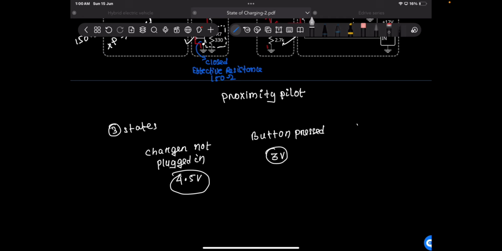Next is charger connector, and here you will get a reading of 1.5 volt. There will be a detector present for detecting all these three states: this is state 1, this is state 2, and this is state 3. All these we will implement in MATLAB in the coming tutorial, and we will also see how the further process works in the charging method for electric vehicles.